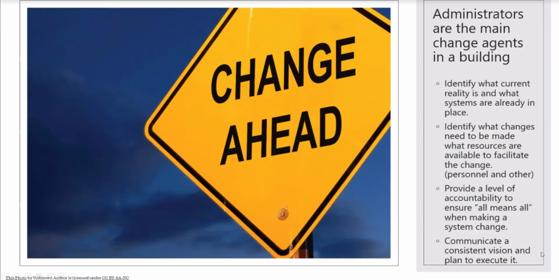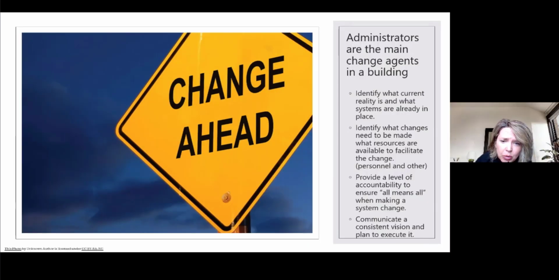Okay, sorry. So really, when we look at administrators and their main role as change agents, that relationship, like I talked about earlier, is key when you're supporting your building. So making sure that you are including your administrators in all of your trainings and really specifying how their role might be changing, especially with remote learning, and when they're using technology as a change agent.